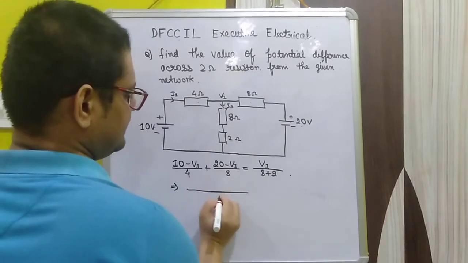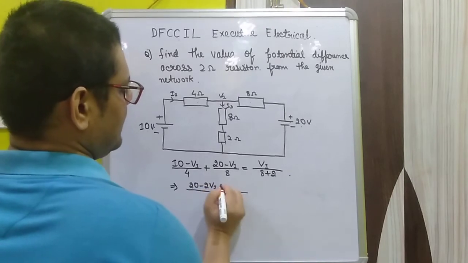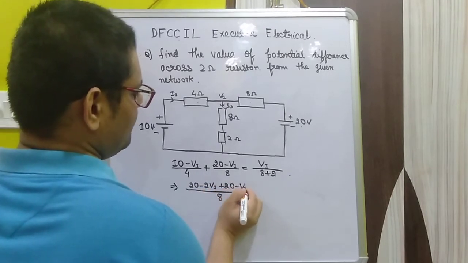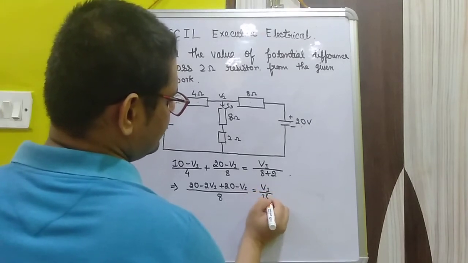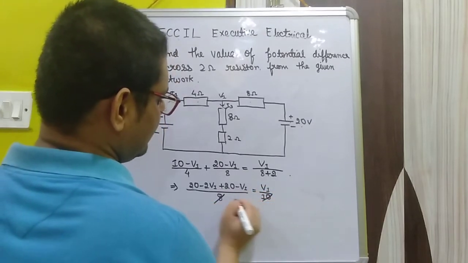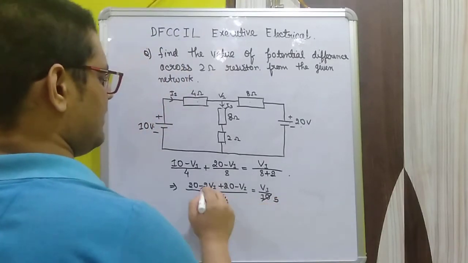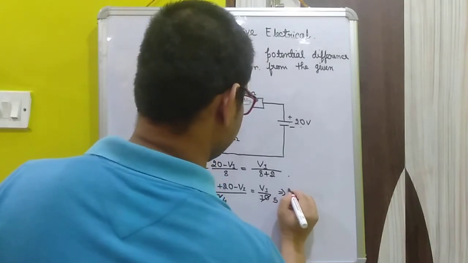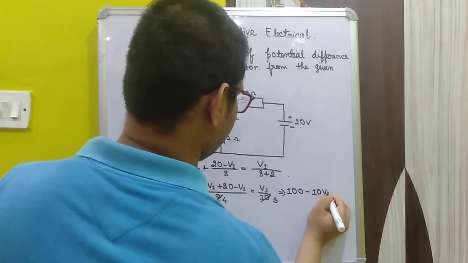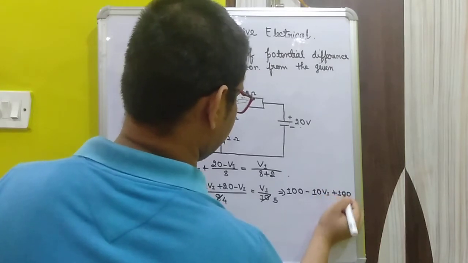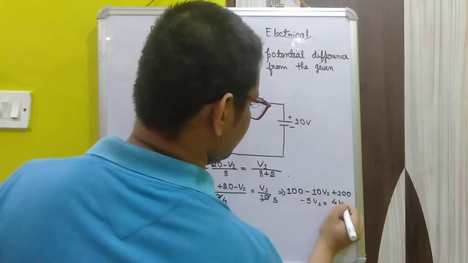We take the LCM, that is 8, so 20 minus 2 V1 plus 20 minus V1 is equal to V1 divided by 10. We divide by 2, that is 4, and this is 5. We multiply this 5 with this, that is 100 minus 10 V1 plus 100 minus 5 V1 is equal to 4 V1.